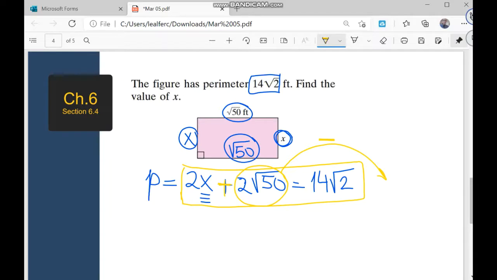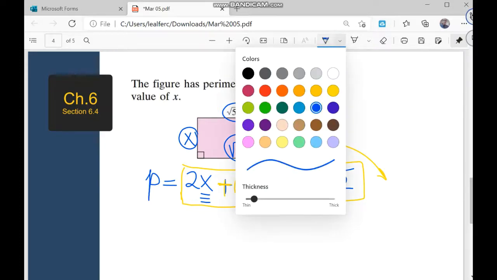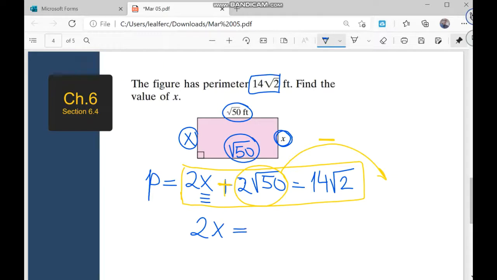Remember, you can add or subtract the same term from both sides of the equation. So we have 2x equals 14 square root of 2 minus 2 square root of 50. And pay attention, 50, we can also break it down. Remember, 50 is 25 times 2.